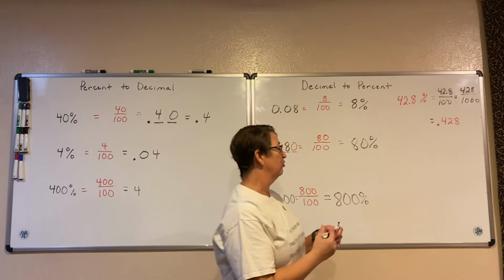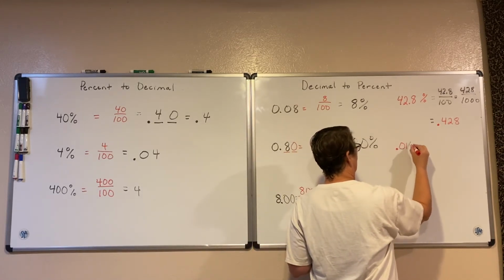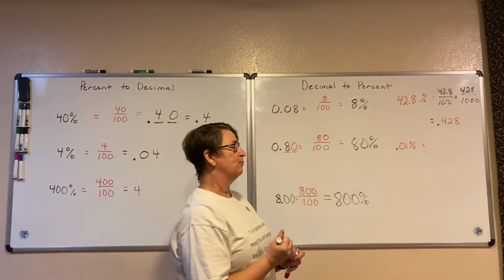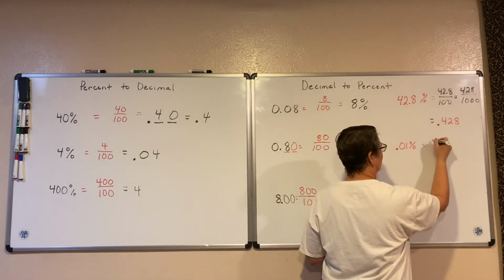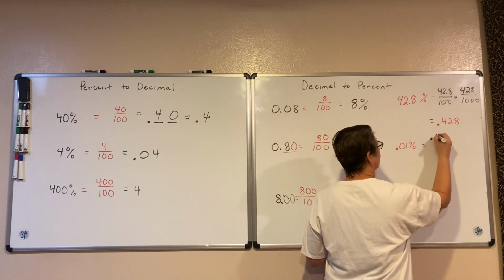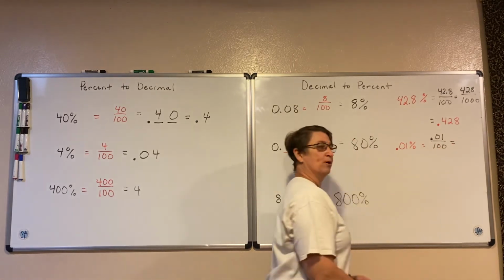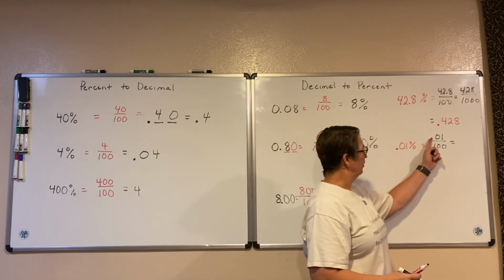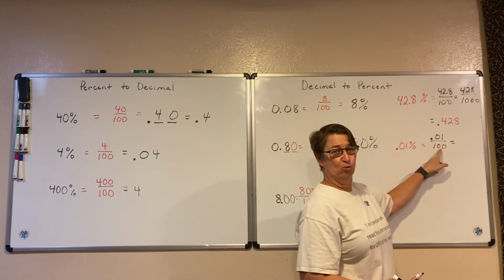How about if we do another tricky one? How about 0.01%? So if we look at that 0.01%, remember this is out of 100. So it's 0.01 out of 100. And I want to make that into a decimal. Well, I'm going to first get rid of this decimal on top here by multiplying the top and the bottom by 100.